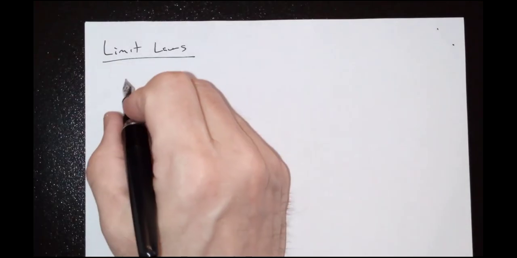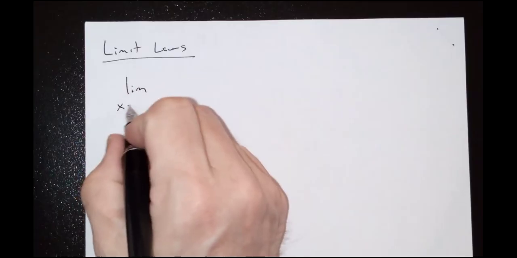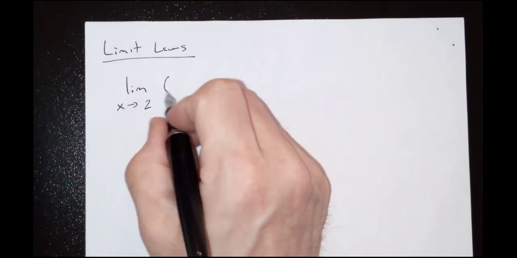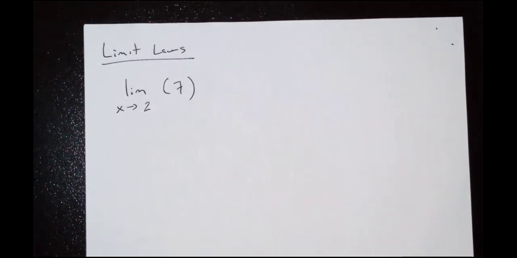I want to think about the limit as x approaches 2 of the function 7. What happens as I'm getting closer and closer to 2? The output of the function f of x equals 7. What happens to the y values?